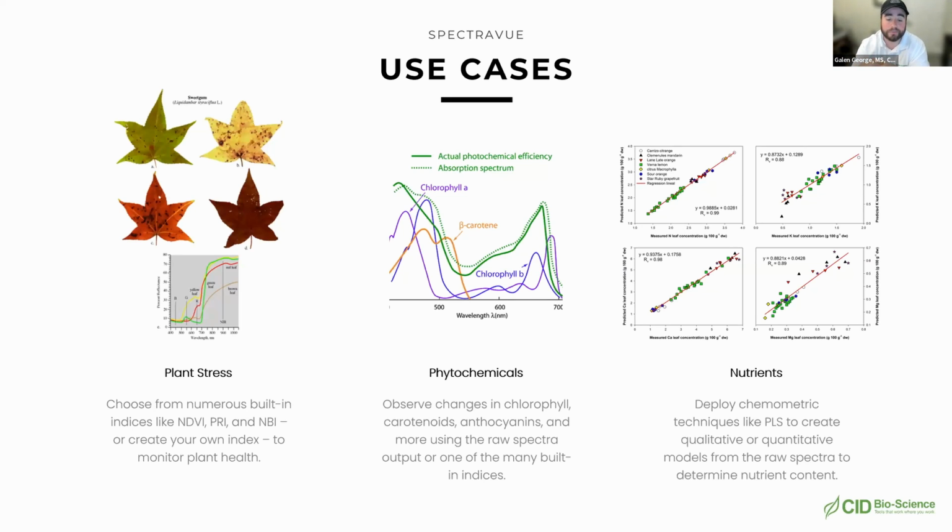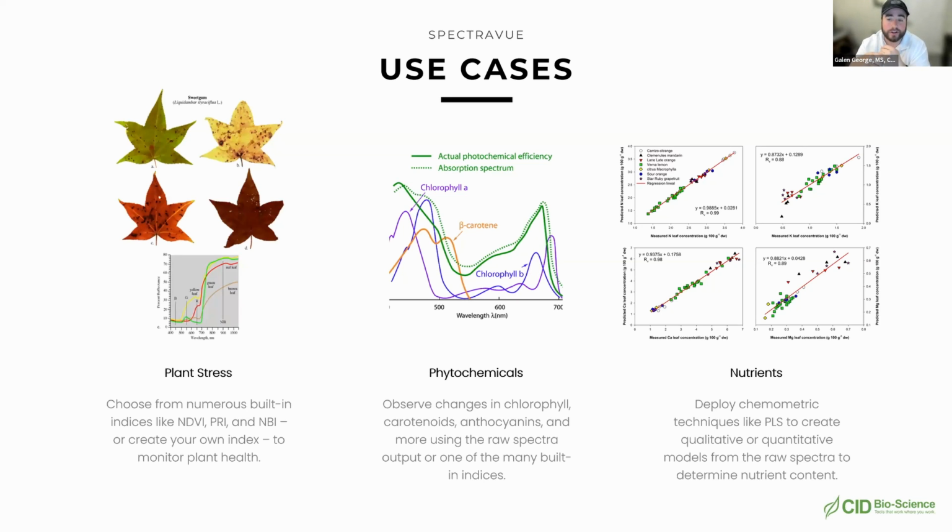As far as phytochemicals are concerned, as I already mentioned, you can easily observe changes in chlorophyll, carotenoids, anthocyanins, and many other phytochemicals using the raw spectra output or the actual indices. So there are already indices for carotenoid reflectance index, anthocyanin reflectance index, chlorophyll indices, just general greenness indices.